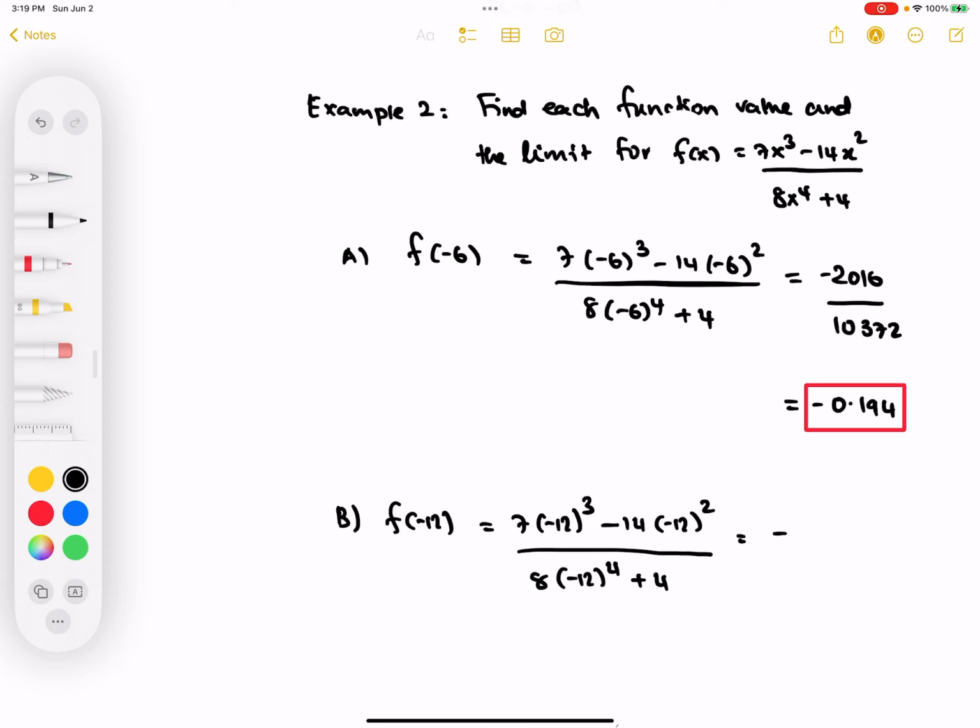The top one is negative 14,112. The bottom one is 8 times (negative 12) to the fourth plus 4.